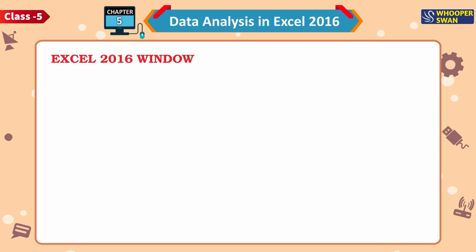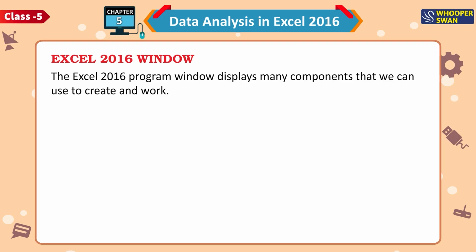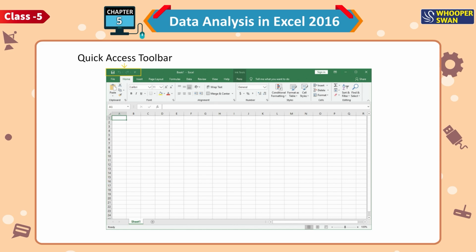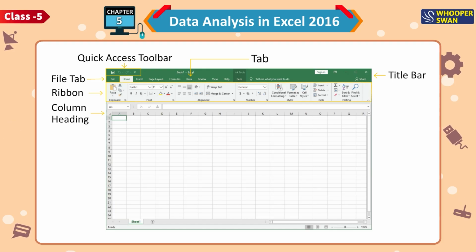Excel 2016 window. The Excel 2016 program window displays many components that we can use to create and work. Let us study about them. Quick Access Toolbar. Tab. File tab. Title bar. Ribbon. Column heading.